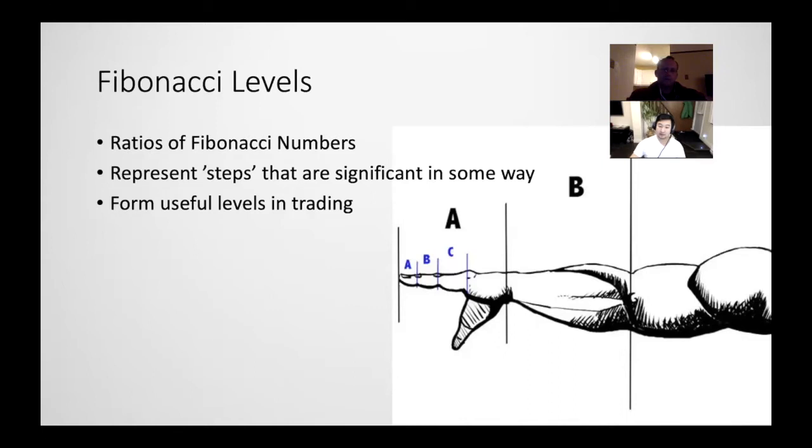And in this case, they form useful levels in trading. Now, a couple points here: Fibonacci levels always occur when you have self-referential behavior. If you're familiar with fractals, they show up in biology and population samples, all sorts of stuff. You have this self-referential behavior where the thing at some point in the future is related to that thing in the past.